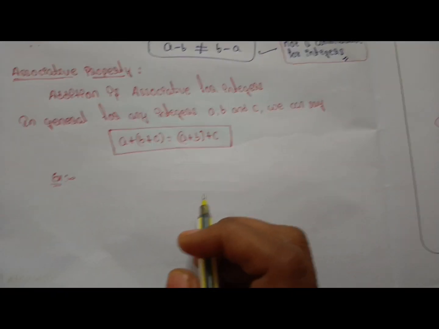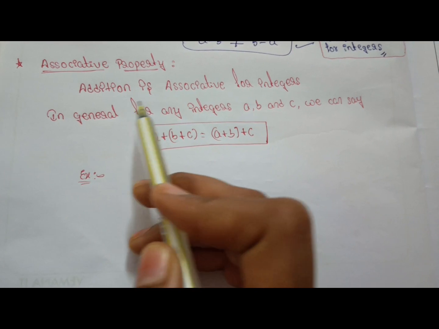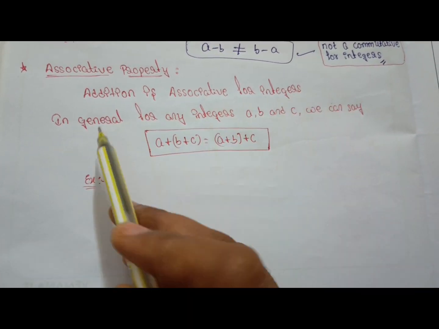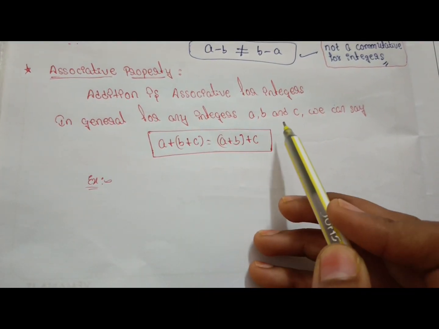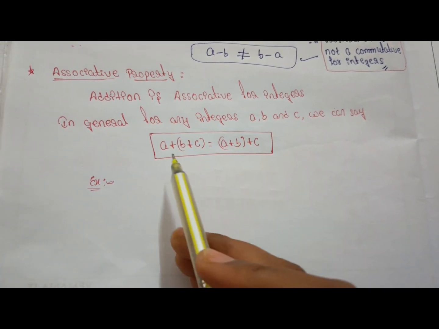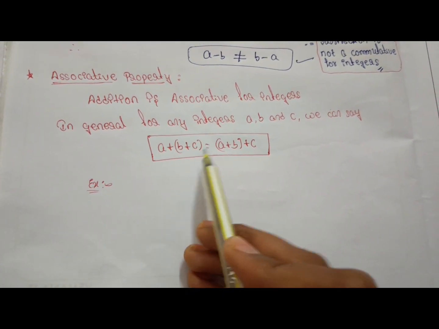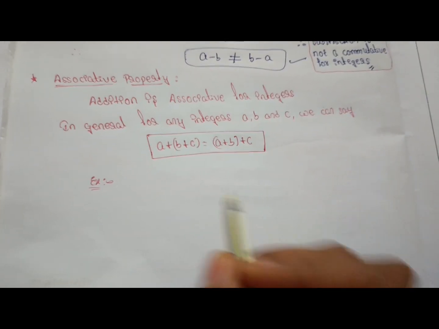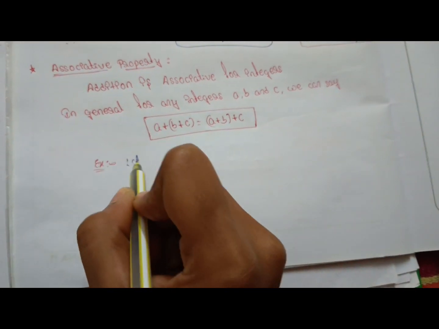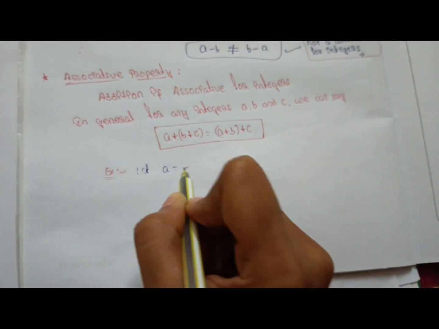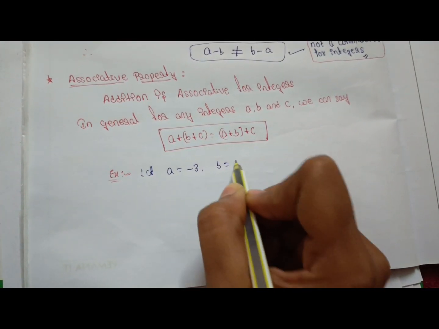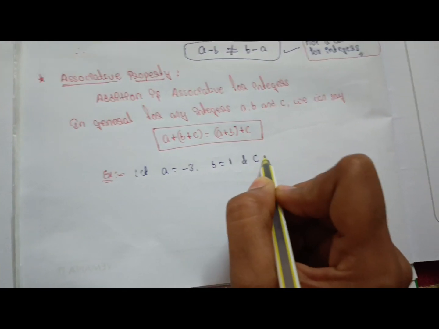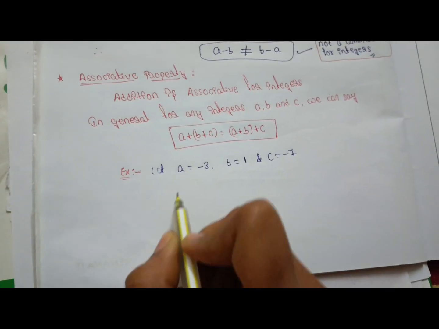Next property, associative property. Addition is associative for integers. In general, for any integers a, b and c, we can say that a plus b plus c is equal to a plus b plus c. We'll take one example. Let a is equal to minus 3, b is equal to 1 and c is equal to minus 7.